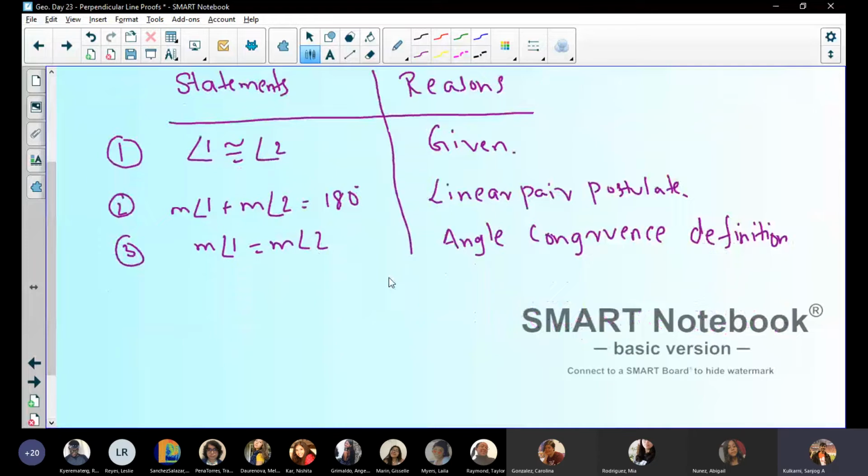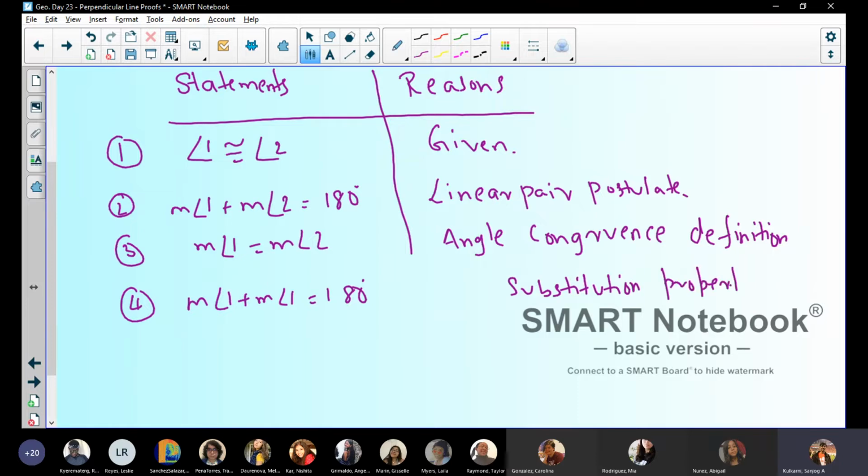So the next step is I can substitute and get measure of angle 1 plus measure of angle 1 equals 180 degrees by the substitution property. This means 2 times measure of angle 1 equals 180 degrees. So I divide by 2 and get measure of angle 1 equals 90 degrees. I divided by 2, so I'll just say division property.